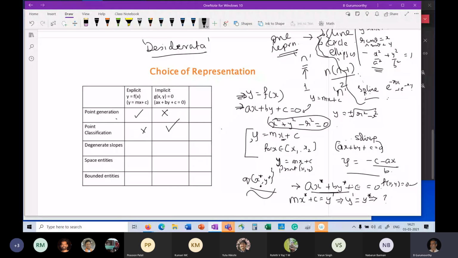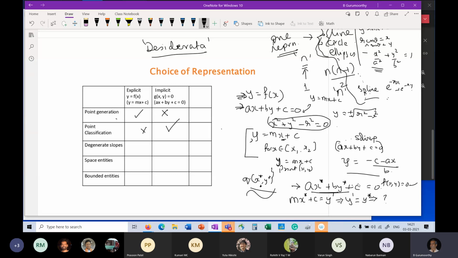So these two are, like I said, the first requirement of point generation comes because you have to print or plot or render these objects on the screen, and so you need to know what points belong to this entity or not. So that's the first task. Point classification, as I told you, any querying that you do of the object will invariably require this task to be done. And therefore, this is also important.